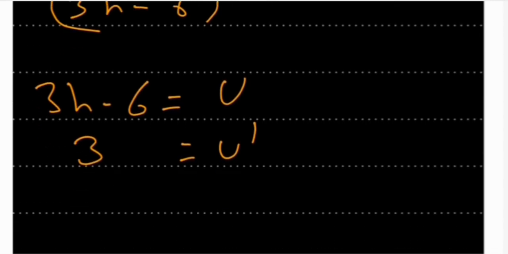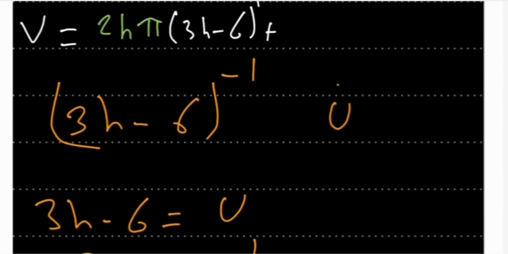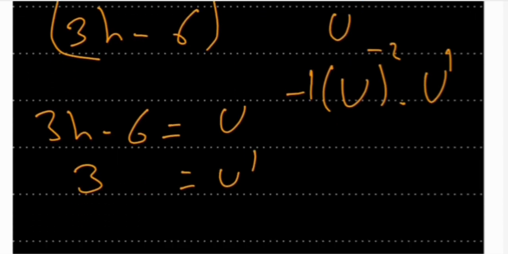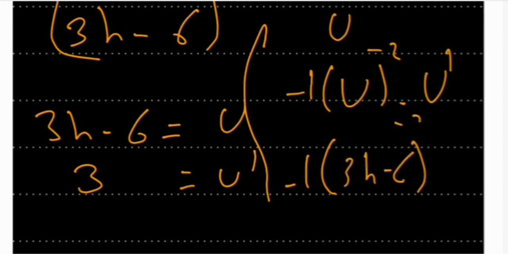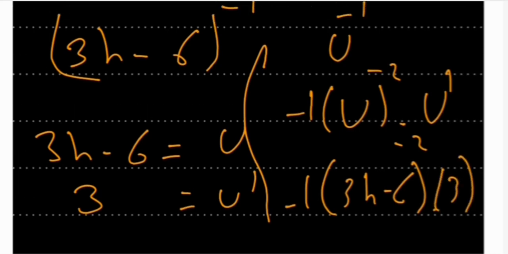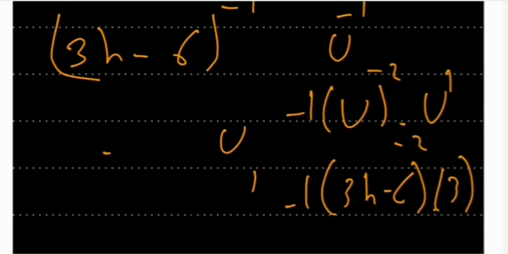So what is the derivative of u to the minus 1? Well, it is minus 1 multiplied by u to the minus 2 multiplied by u comma. So it is minus 1 multiplied by 3h minus 6 to the minus 2 multiplied by u comma, which is 3. Okay, so this is what I'm trying to tell you.